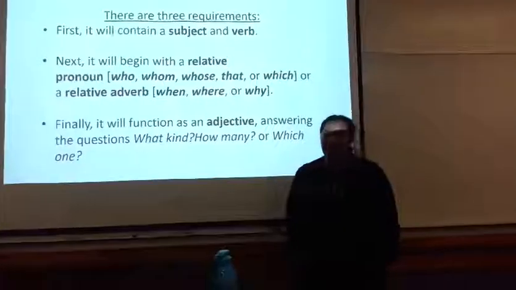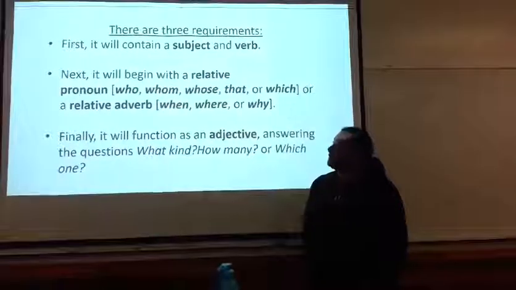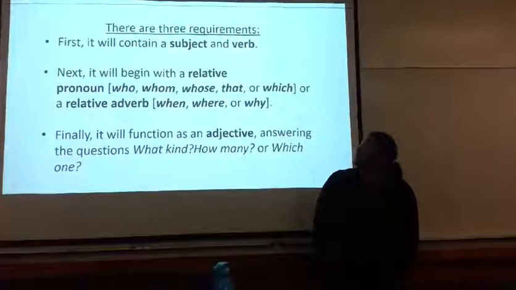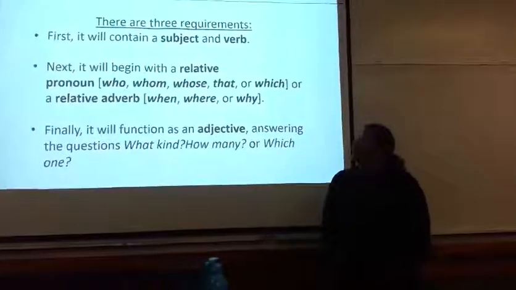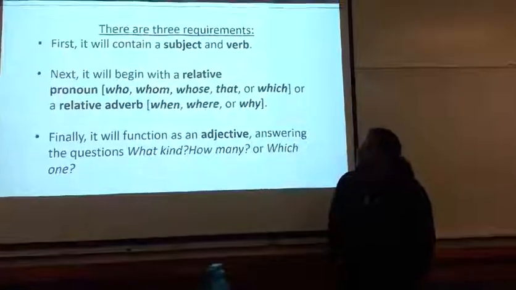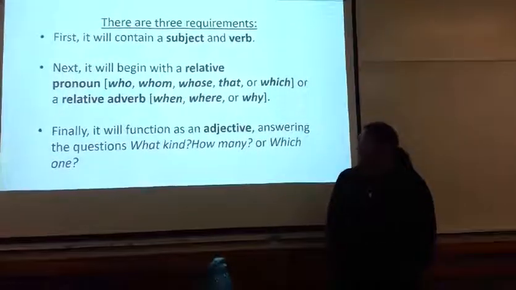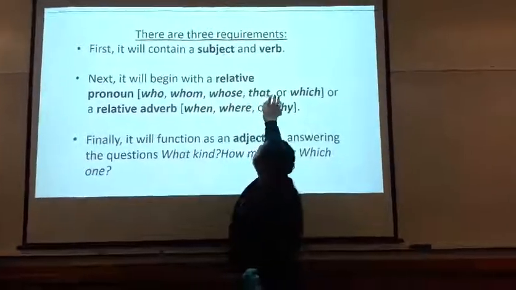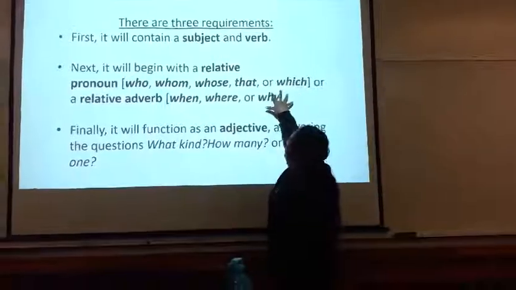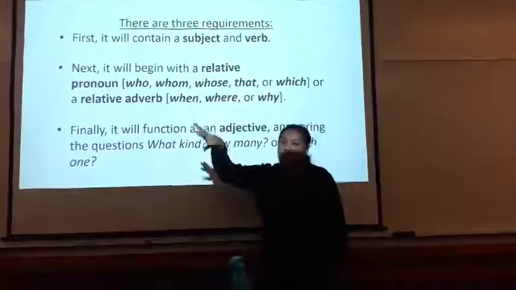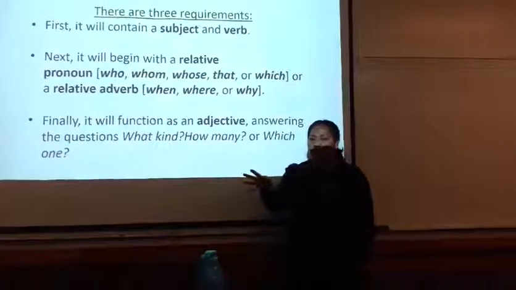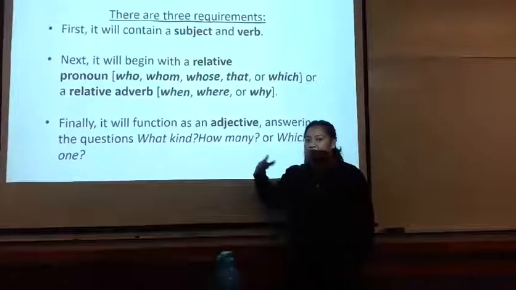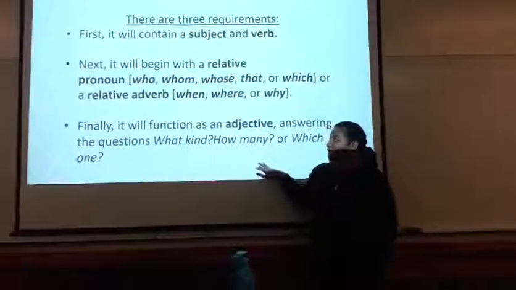There are three requirements. First, it will contain a subject and a verb. And then it will begin with a relative pronoun, like who, whom, whose, that, or which, which is what you have heard in the previous slides about the noun clause.